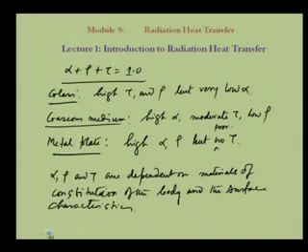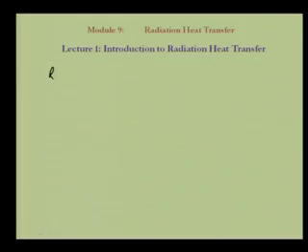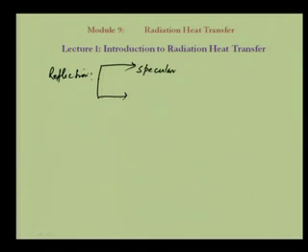Now, we will see that the reflection can be defined into two parts, it has got two components. One is called specular reflection, another is called diffuse reflection. Okay. So, what is specular?